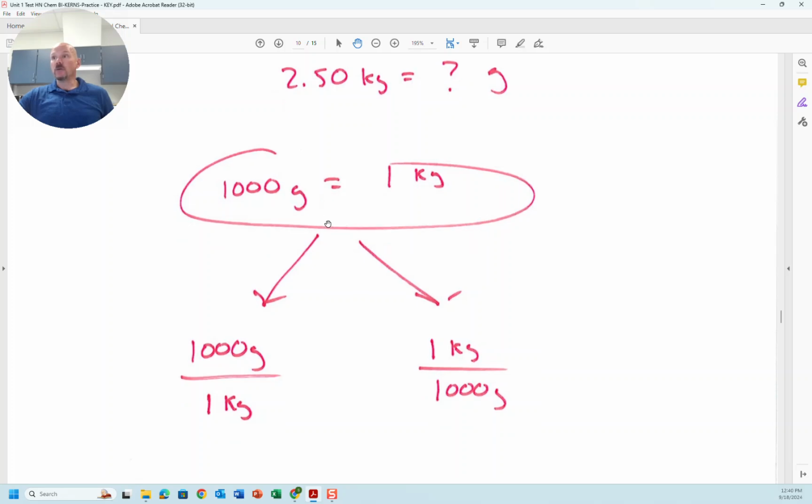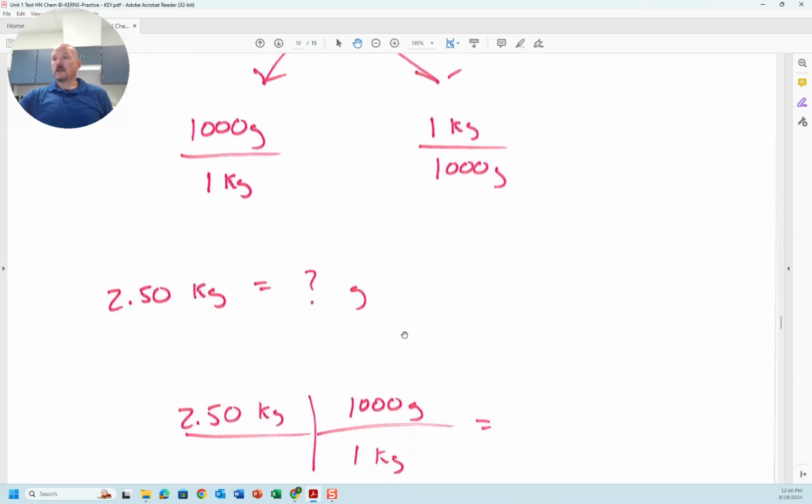Then I could use this ratio, or I could use that ratio. I'm taking that and dividing it by that, or taking that and dividing by that. That's a conversion factor. I would use this conversion factor to cancel out kilograms and get to grams, and this one to cancel out grams and get to kilograms.